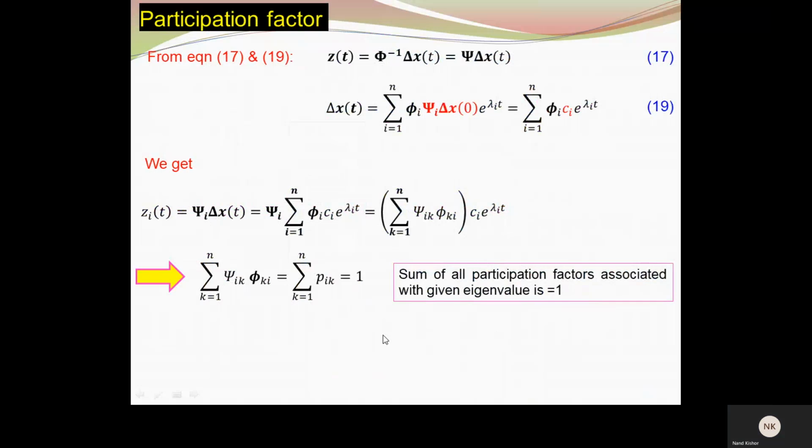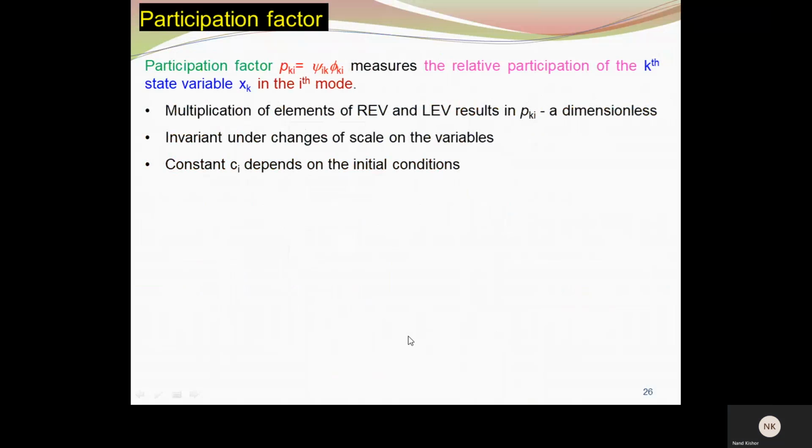Now, what is this participation factor? From the previous slide, it is given as p k i, that is psi i k to phi k i. It measures the relative participation of the kth state variable in the ith mode.